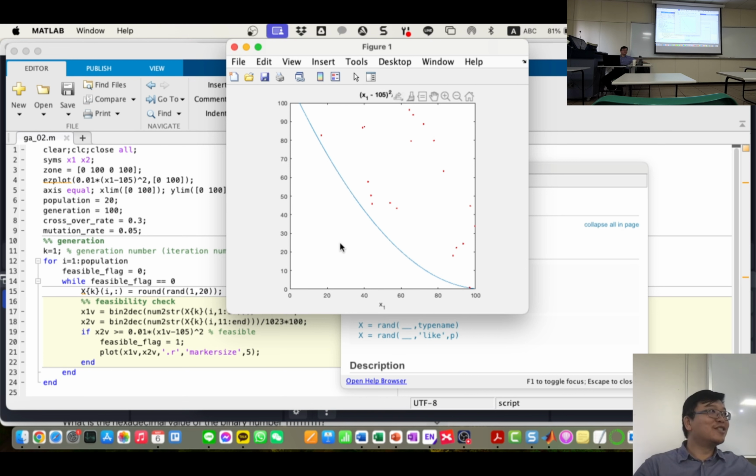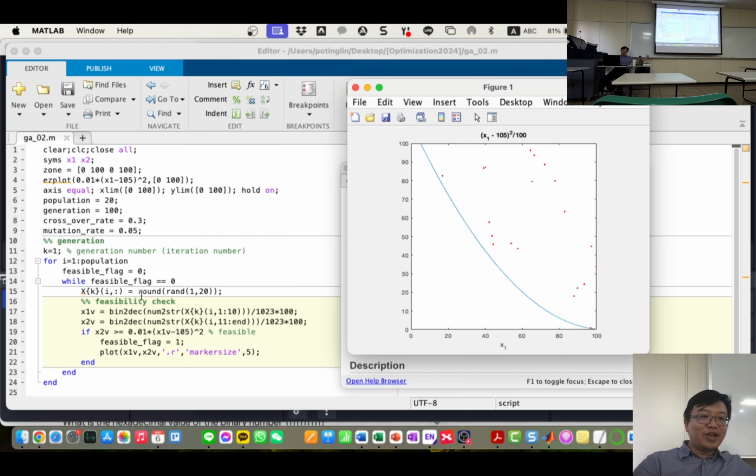Any questions? Did you see what's going on? Over here, random process to generate 20 random numbers from 0 to 1. Use rounding, they become 0 and 1. So 20 0 and 1s.